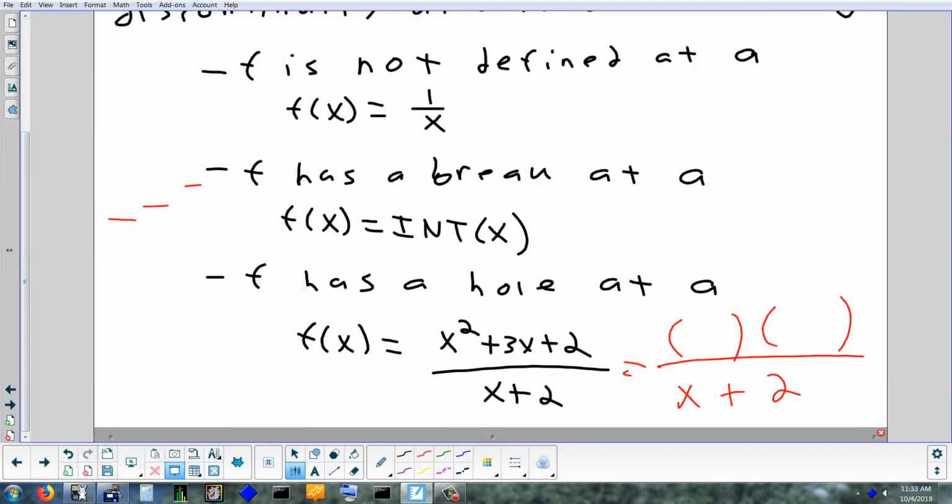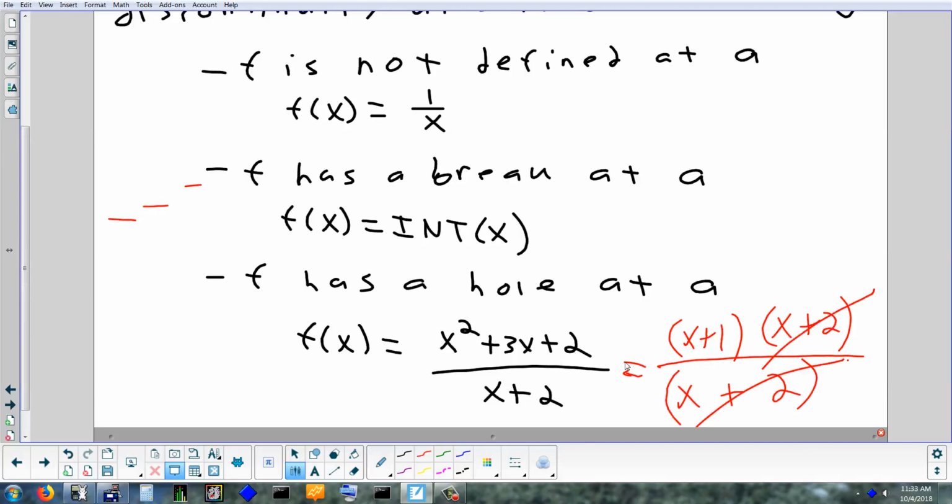How does the top factor? x squared plus 3x plus 2. It factors as (x plus 1)(x plus 2). Look what just happened. You've got an x plus 2 in the top and an x plus 2 in the bottom.